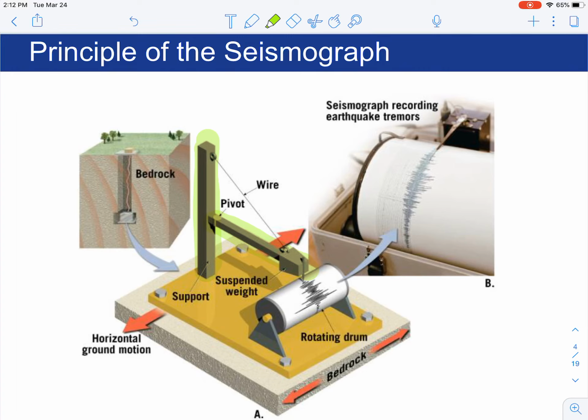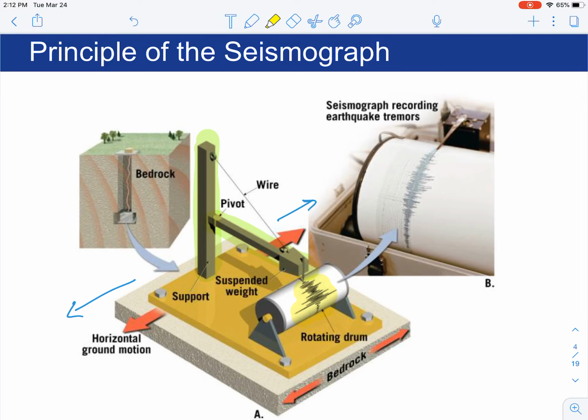And so as the ground moves during an earthquake, so here the ground would be shaking or moving horizontally, for example, what happens is that suspended weight moves with the earth and it records the earth's motion here on this rotating drum of paper. And that little printout shows us the amount of energy recorded in the form of seismic waves like P waves and S waves and then surface waves.